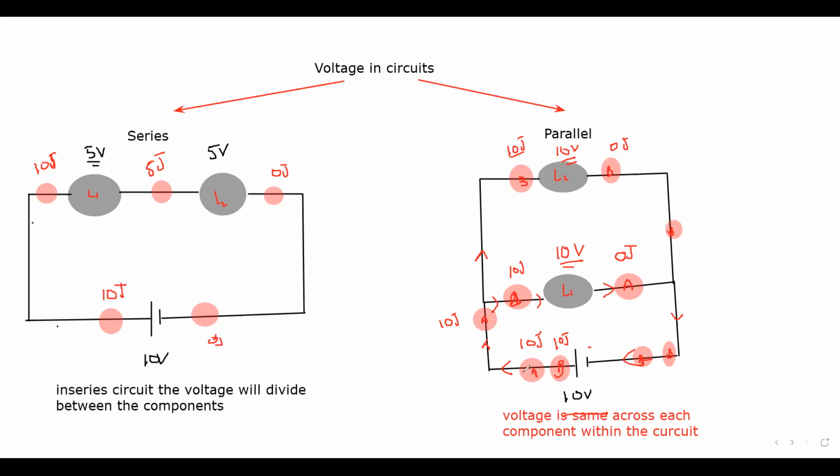So when the first charge enters the circuit, it can follow path 1 or path 2. If charge A follows path 1, then charge B should follow path 2, and then they return back and transfer all of their energy in one component. So the EMF will be the same as the potential difference. So in parallel circuits, the voltage will be the same.